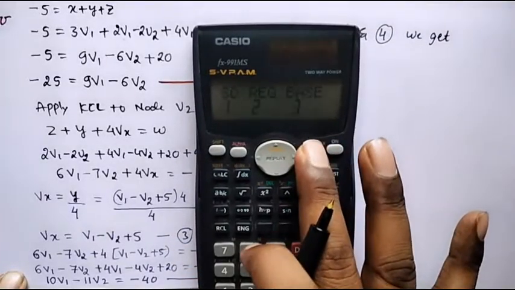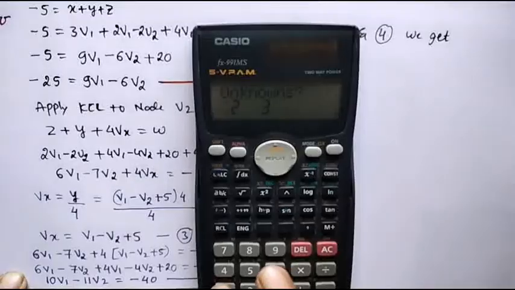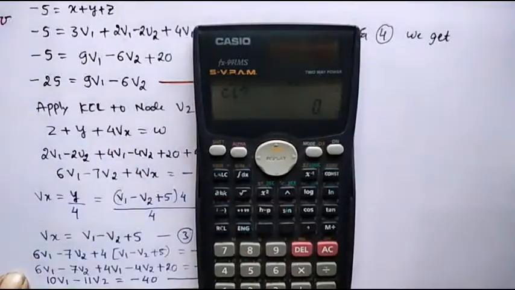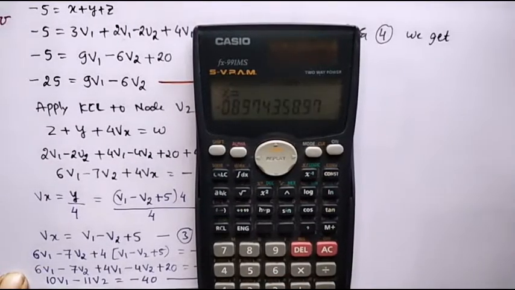So keep the calculator in equation mode. Here there are two unknowns. In first equation, coefficient of V1 is 9, coefficient of V2 is minus 6, and this value is minus 25. In equation 4, coefficient of V1 is 10, coefficient of V2 is minus 11, and the value is minus 40.